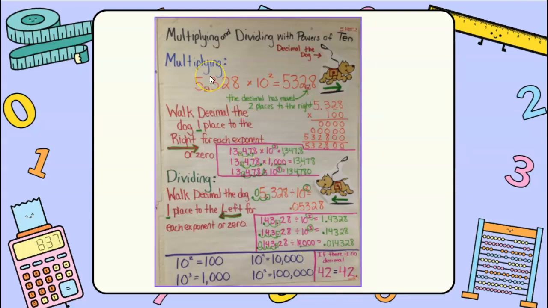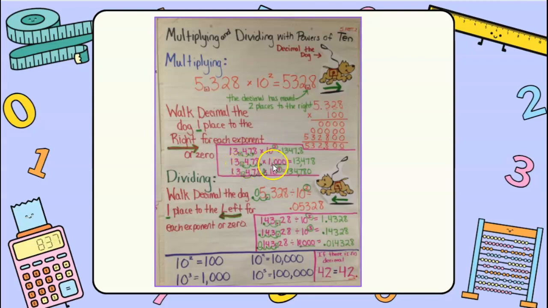So the easiest way to do this is to set up our problem and walk our decimal however many place values our exponent is going to tell us. So if we look here, walk decimal the dog one place to the right for each exponent. You can see in our example, 13.478, if it's 10 squared, my decimal goes 2 place values.